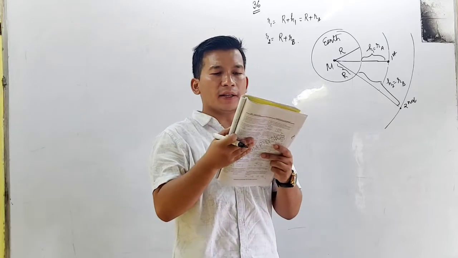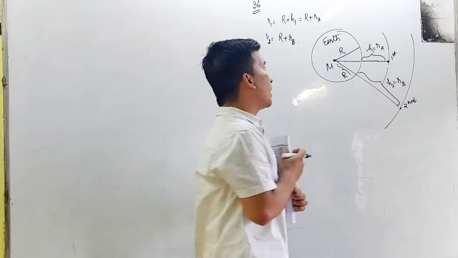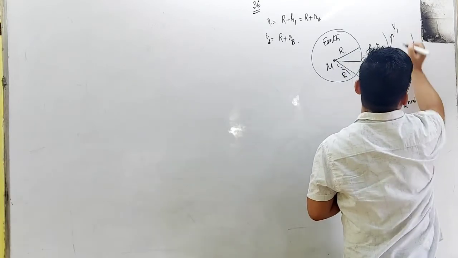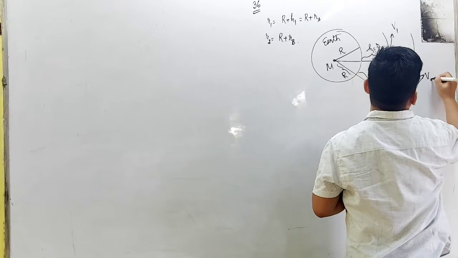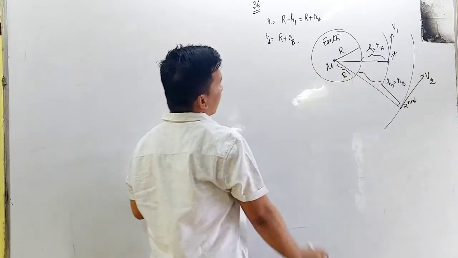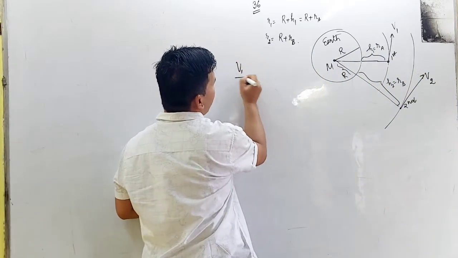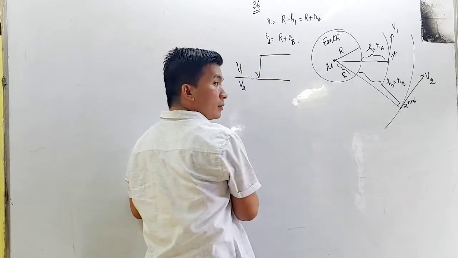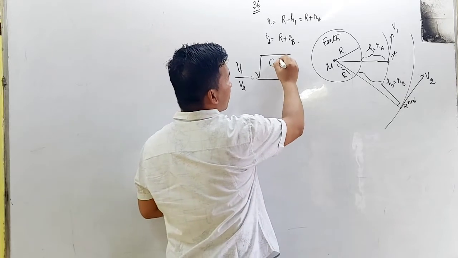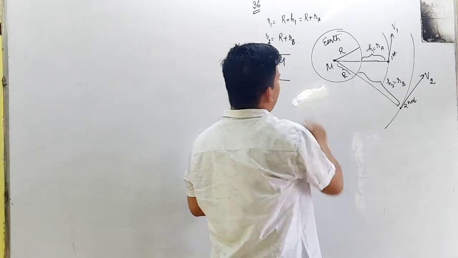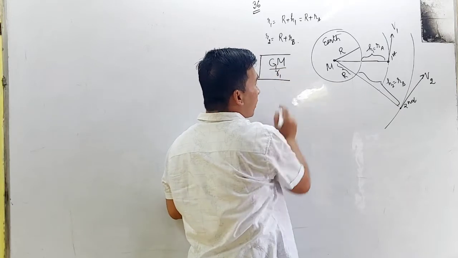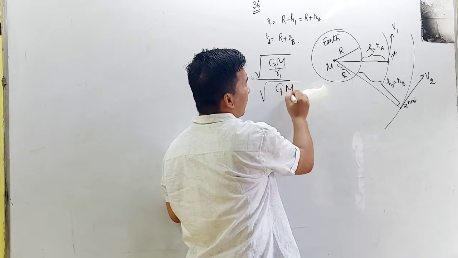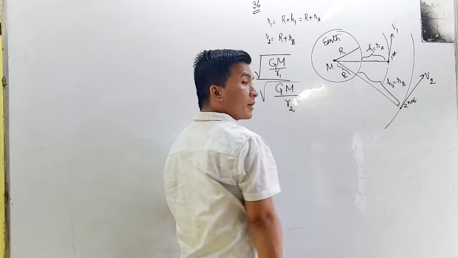Next, the speeds. What will be the orbital velocity V1 of this satellite, and the orbital velocity V2 of the other? The ratio is very simple. V1 by V2: orbital velocity equals the square root of capital G, capital M divided by the distance R1, over the square root of capital G, capital M divided by R2.